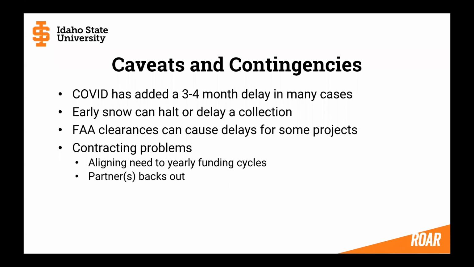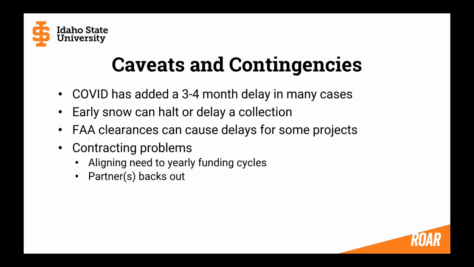Caveats and contingencies, you know, COVID has added 3 to 4 months or more delay in many, many cases. Early snow, as I already alluded to, can halt or completely delay a collection. And if it's an early snow that doesn't go away, you may be waiting over till the next spring to resume collection.